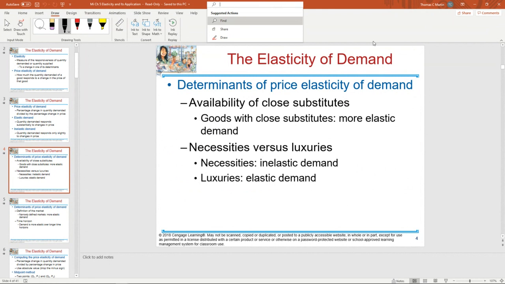So in this case, we see the curve like that. And if I raise the price, I'll lose a little quantity, but big deal.